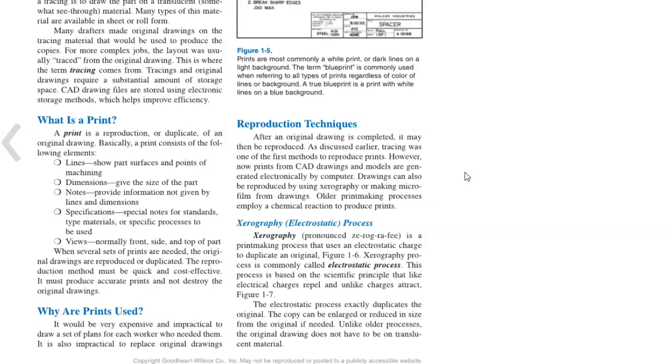However, now prints from CAD drawings and models are generated electronically by a computer. Drawings can also be reproduced by using xerography or making microfilm from drawings. Older printmaking processes employ a chemical reaction to produce prints.